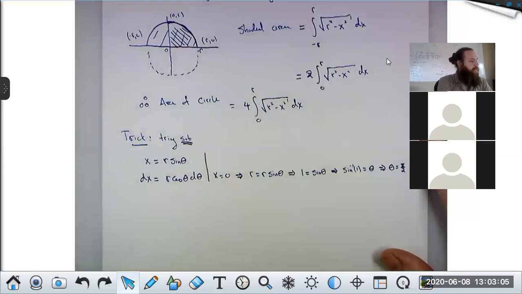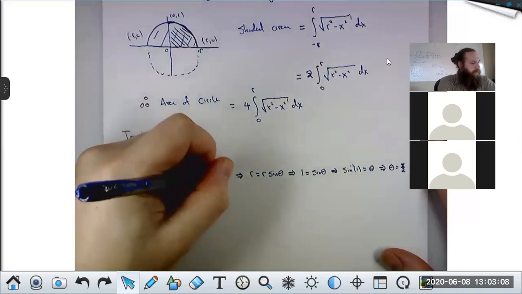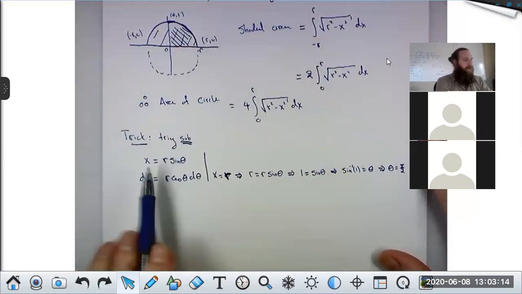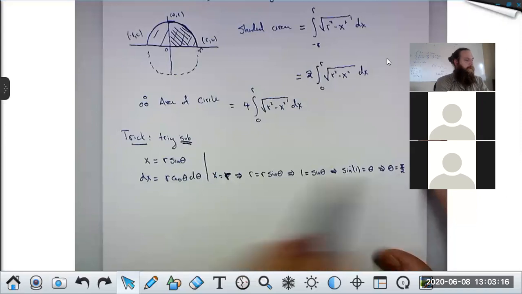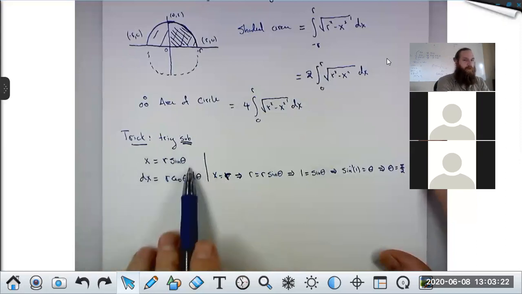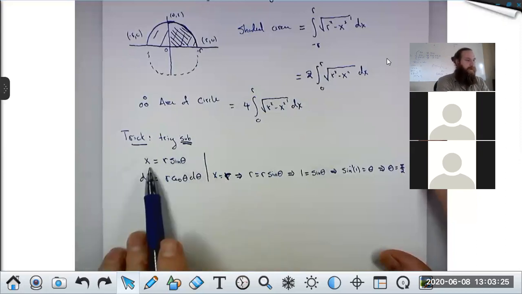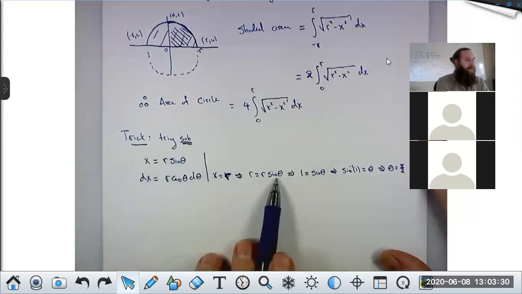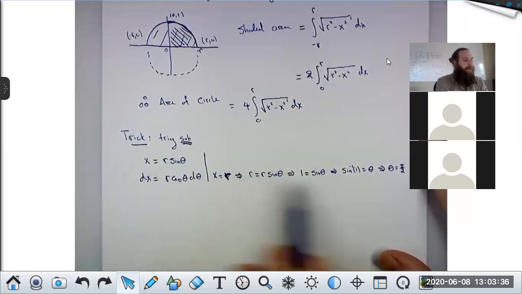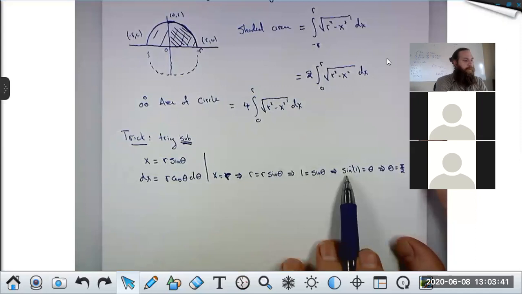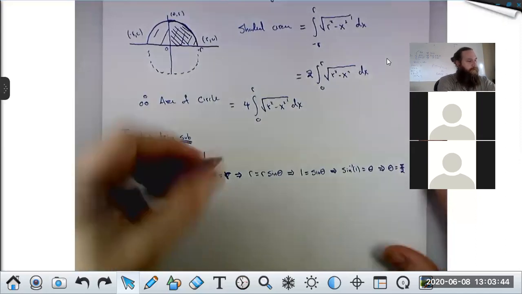I'm sorry, I said when x is equal to 0. This should be when x is equal to r. Sorry. So to find my new bound, I take the old bound, x equals r, and I plug it into my substitution. When x is equal to r, I get the equation r equals r sine theta. I need to solve this for theta to find my new upper bound. If I divide both sides by r, I get 1 equals sine theta. And then I take the inverse sine of both sides, and I get theta equals pi over 2.